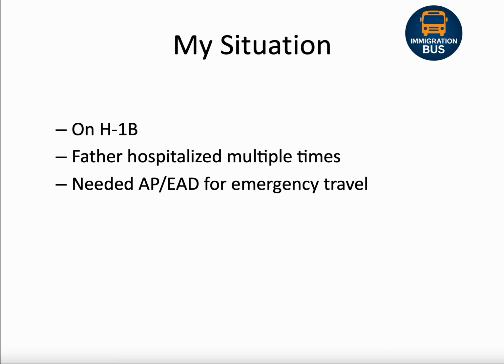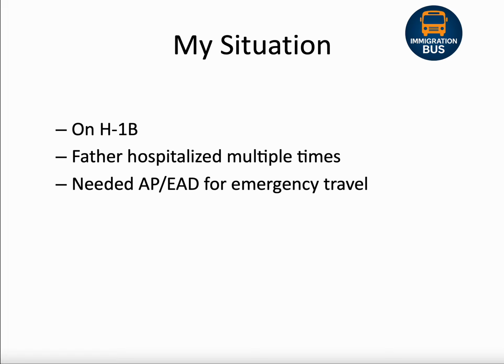So, what was my situation? At that time, I was on H1B status. My father was hospitalized several times unexpectedly, with conditions requiring immediate support and frequent travel. Because of the unpredictability of these emergencies, I needed the ability to travel at very short notice.